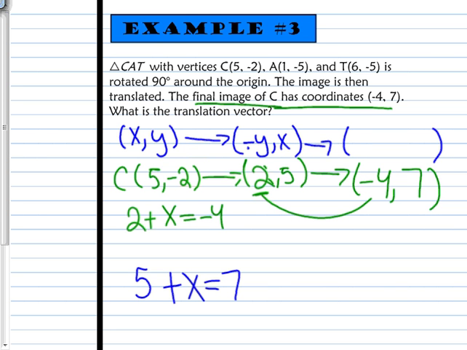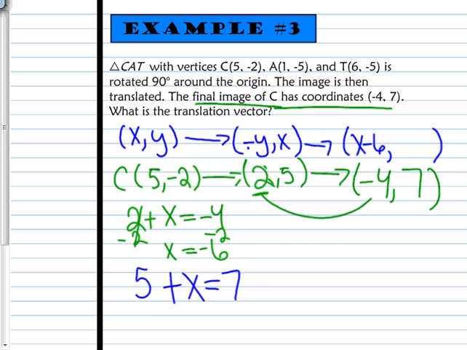So with our algebra, I want to get x by itself. I want to figure out how 2 became -4. So I'm going to subtract 2 from both sides, which gives me x on the left-hand side, -6. Okay? So x moved to the left 6.